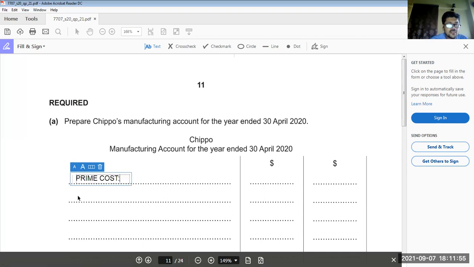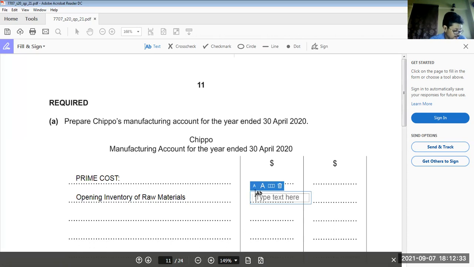In prime cost, we have to calculate direct material used. First, opening inventory of raw materials, that is going to be entered over here, 3,120.